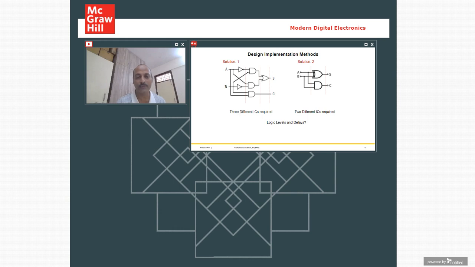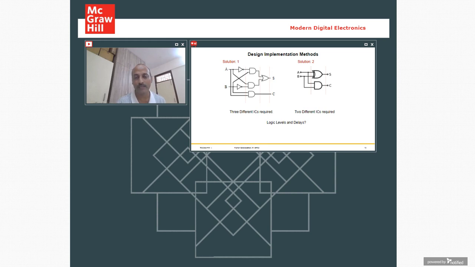Number two, if you look at the number of logic levels, here if I don't assume inverted inputs are available, then there are three stages. If every gate operates at, let's say, a hypothetical 1 nanosecond, then the sum output will be available after 3 nanoseconds, whereas the carry output is available at 1 nanosecond.